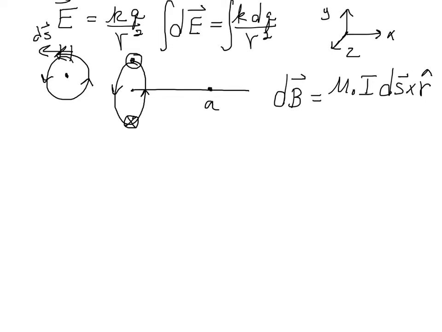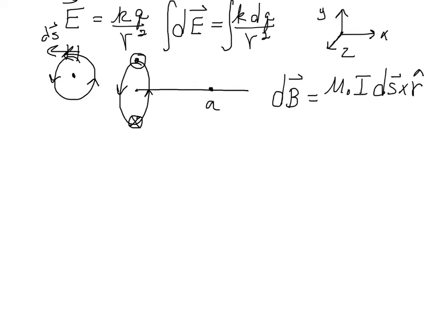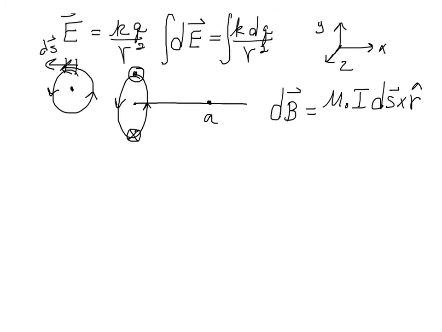So in the first diagram, that vector points from the ds directly to the point. And you can see that this is our r hat, a unit vector pointing from the ds, and it is perpendicular to the ds.